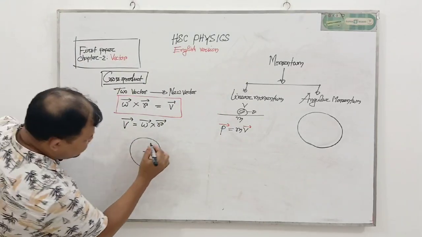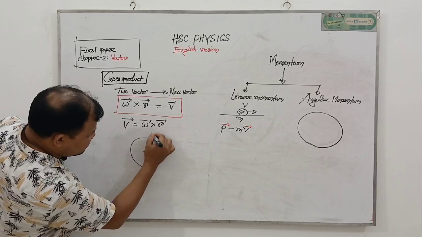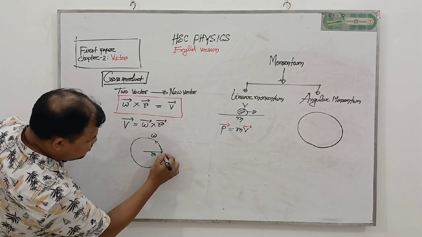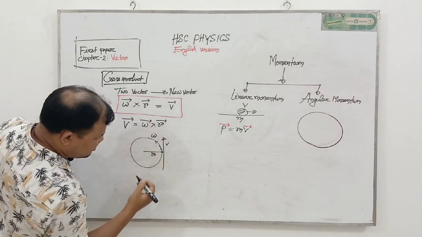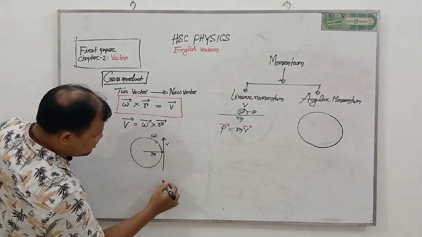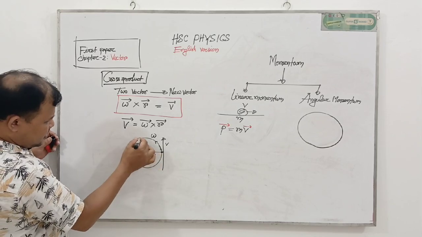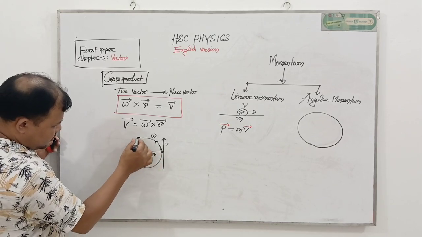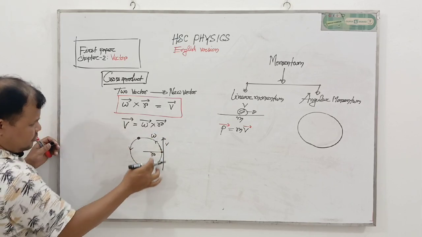Suppose the direction of angular velocity will be along the circular path. This is the omega. And if we draw a tangent here, then this tangent represents the direction of the linear velocity, okay? If this body comes here, then all the time the direction of angular velocity will be around the circular path.